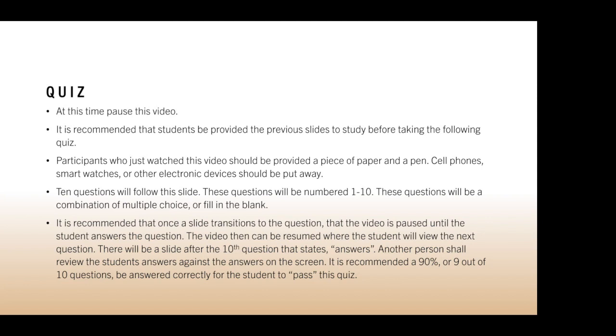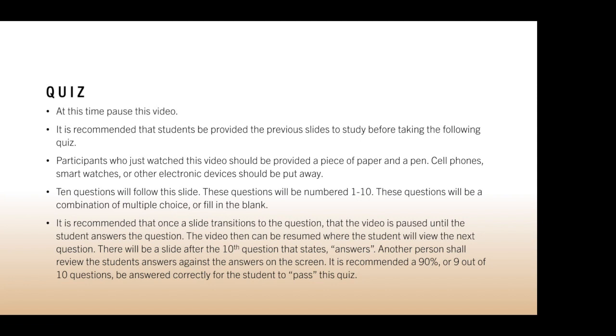It is recommended that once a slide transitions to the question, the video is paused until the students answer the question. The video then can be resumed where the student will view the next question. There will be a slide after the 10th question that states answers. Another person shall review the student's answers against the answers on the screen.